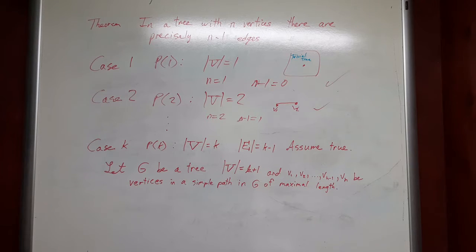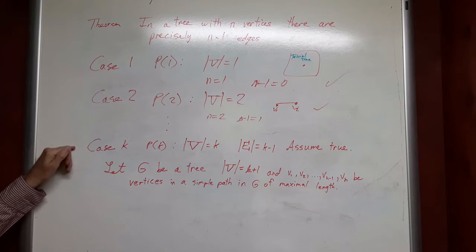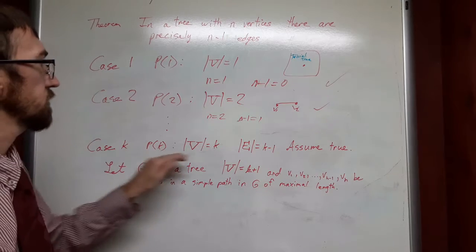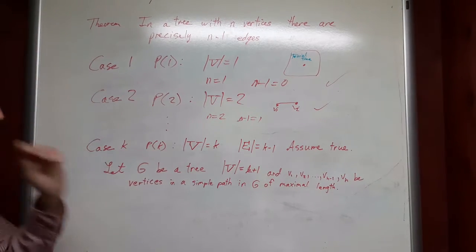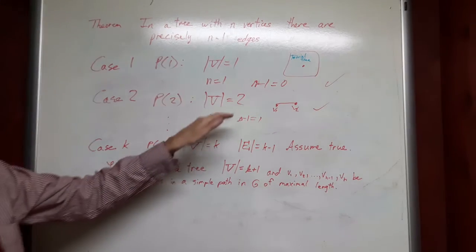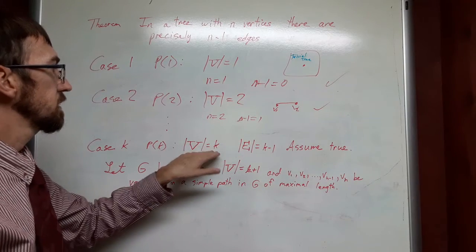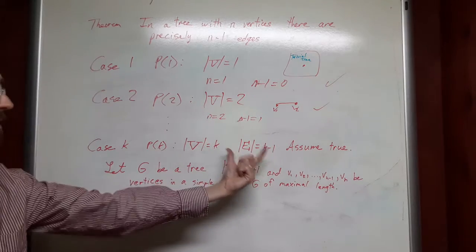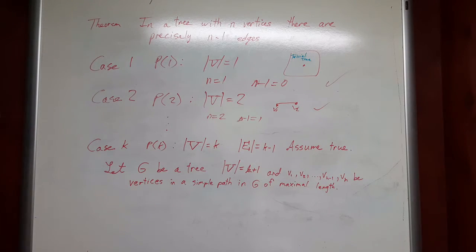So now we need to take this next step for case K. So for any positive integer value that we plug in here, can we get this idea that the number of vertices minus 1 is going to be the value of the set of the edges here.